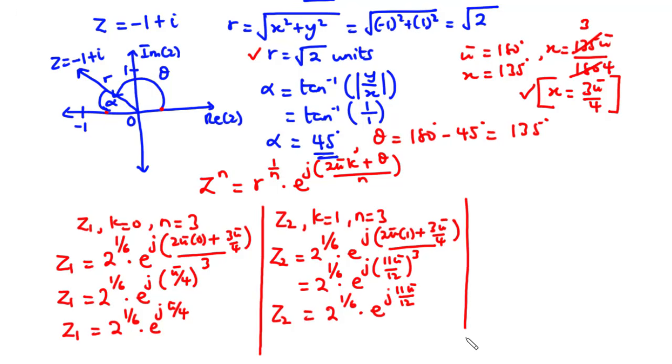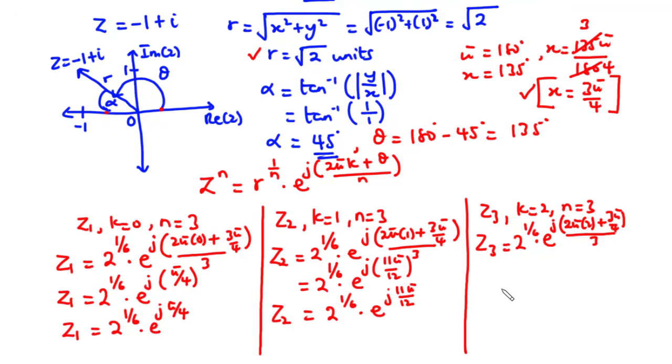Now let's find the value of z3. So for z3, k is equal to 2, n is still 3. z3 equals 2 exponent 1 over 6 times e exponent j into bracket 2 pi times 2 plus 3 pi on 4, all divided by 3.